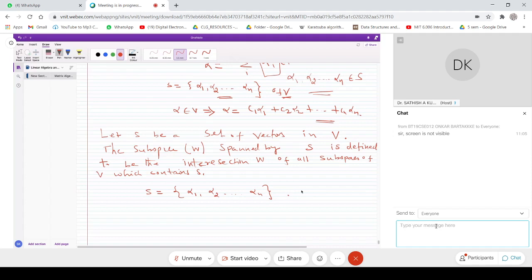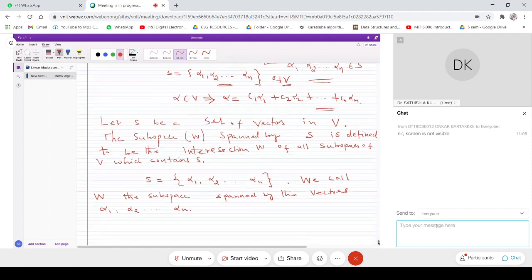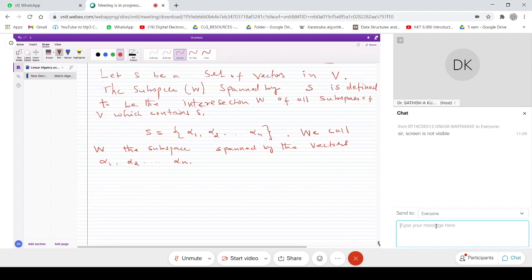Then we call W the subspace spanned by the vectors alpha 1, alpha 2, etc., alpha n. So W is nothing but a subspace which is spanned by these vectors alpha 1, alpha 2, etc., alpha n. S is nothing but any non-empty subset of a vector space V.